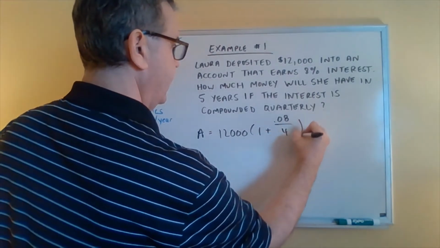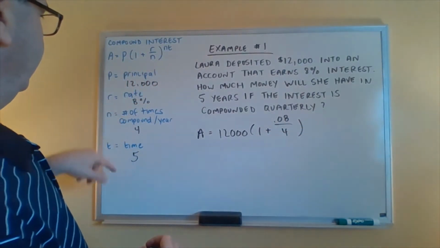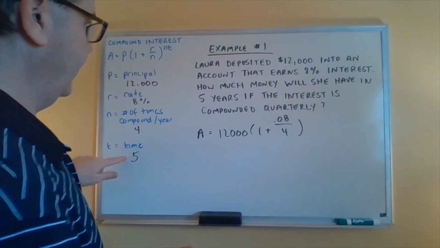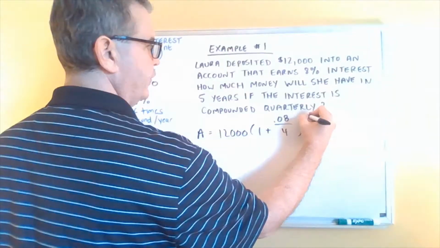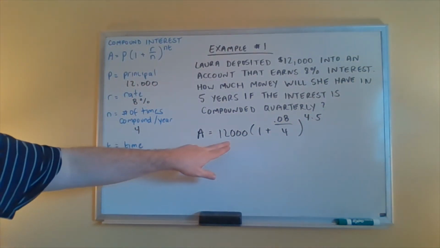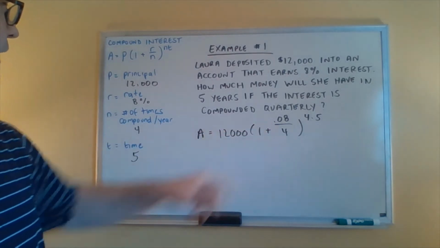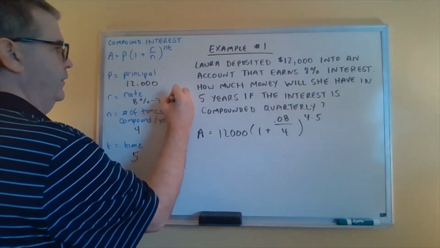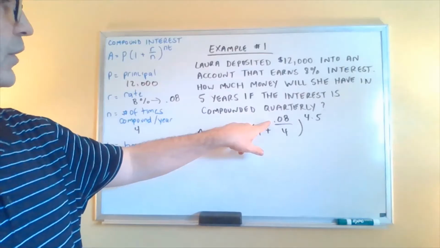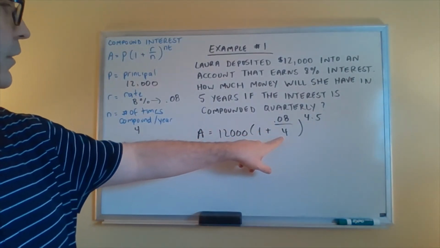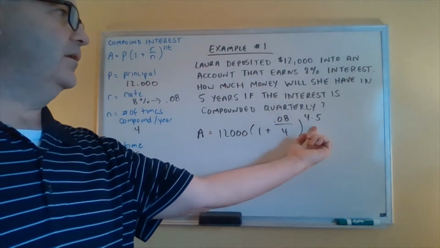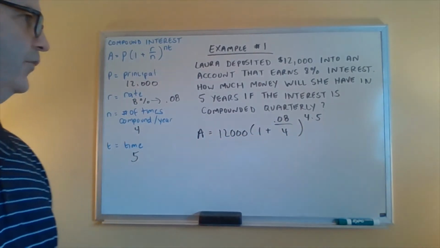And we're going to raise that to the number of times compounded, 4, times the number of years, so that's 4 times 5. So we plugged in our initial amount here. We've got our rate, which I should have written in decimal form here. 8% is 0.08. So we're going to have 0.08, our rate, over our number of times we compound, N of 4. We're raising that to the N times T, or 4 times 5.